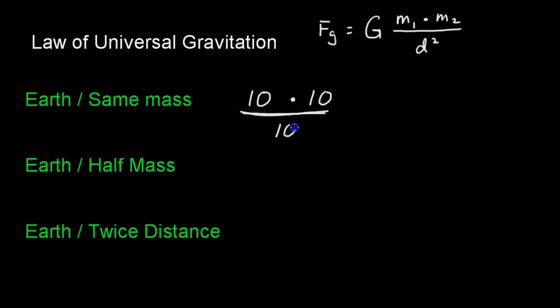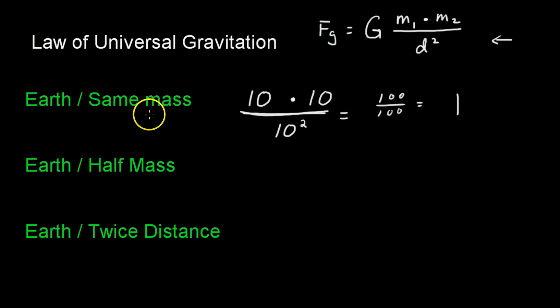We'll make it also 10, but it's 10 squared, right? Because down here, it's distance squared. All right, so if you did the math, 10 times 10 is 100. 10 squared is 100. So that's, I guess we'll write it out, 100 over 100 equals this number that we're getting, it's just 1. We're not going to put any units on it, so don't worry about what the 1 is.